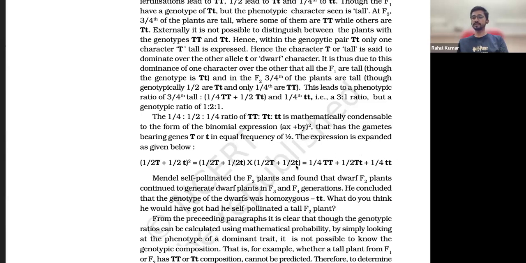When you open this and solve, you will reach this solution. And this solution is exactly where we started. Look here, 1/4 capital T, 1/2 capital T small t, and 1/4 small t.